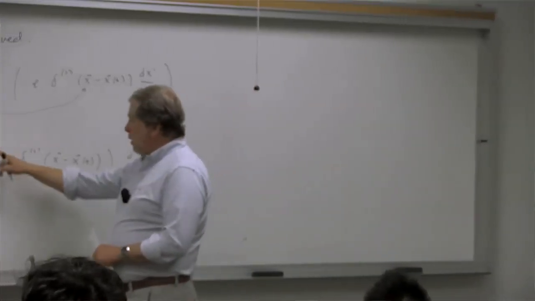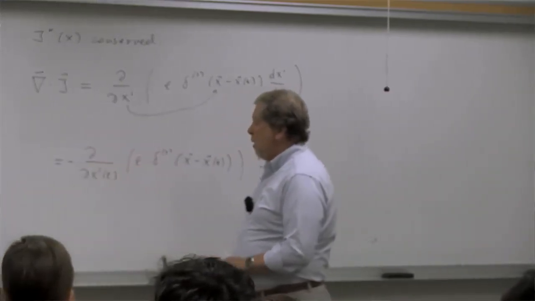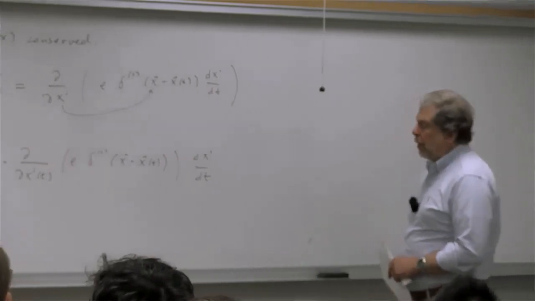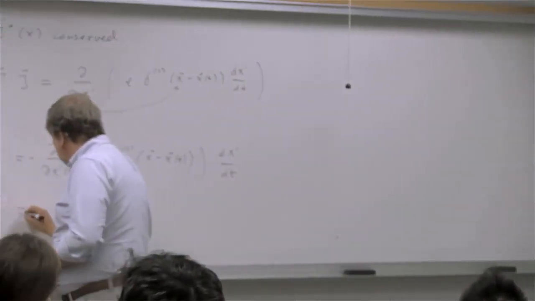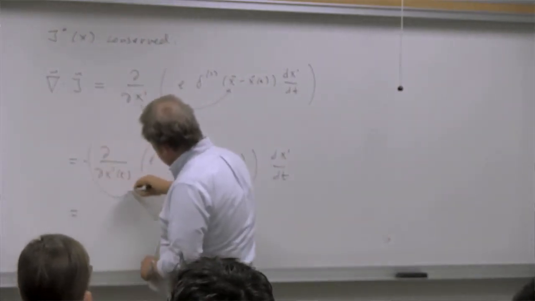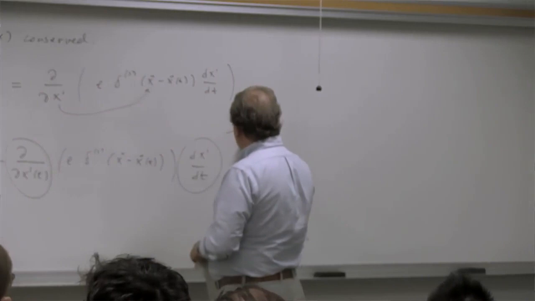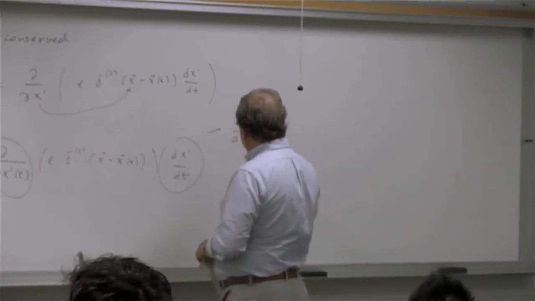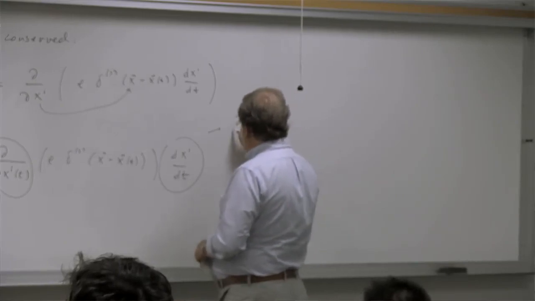And now you recognize that dxi by dt times d by dxi is nothing but the derivative with respect to time. In other words, this one and that one combine together to give just d by dt. Let me write it as a partial, d by dt.